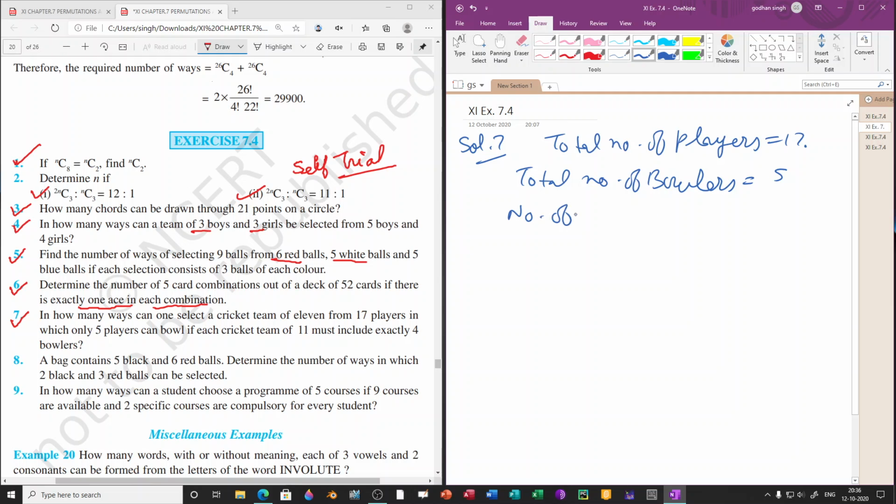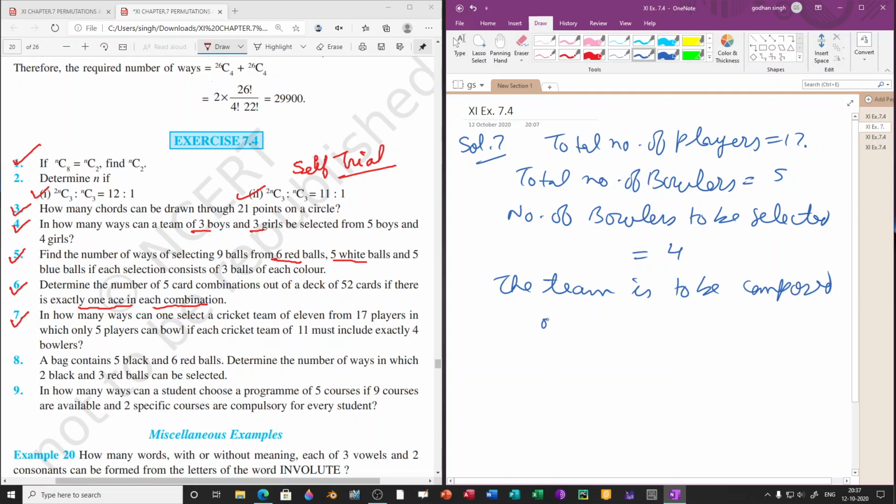Number of bowlers to be selected is equal to 4, and the team is to be composed of 11 players.